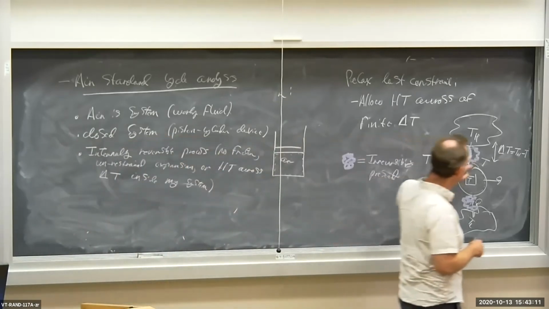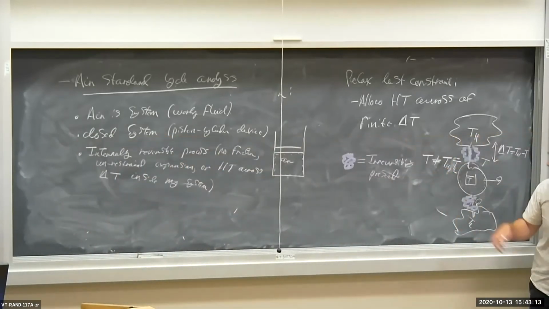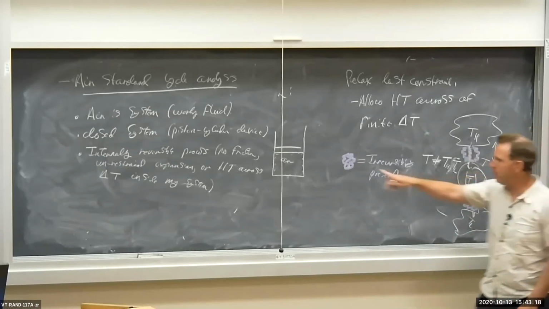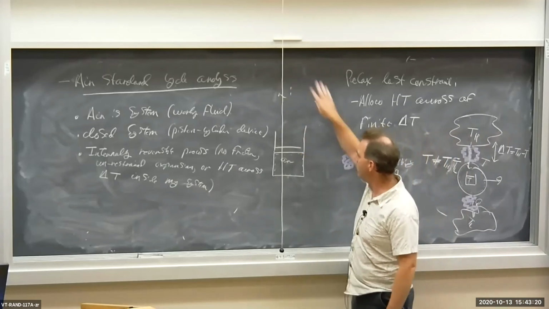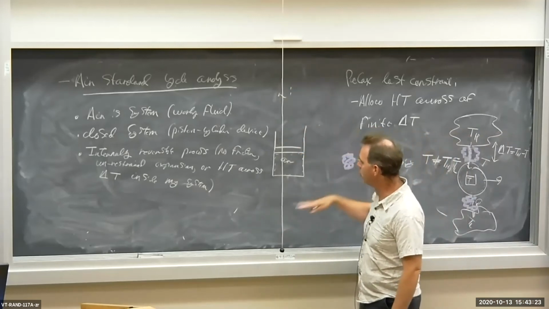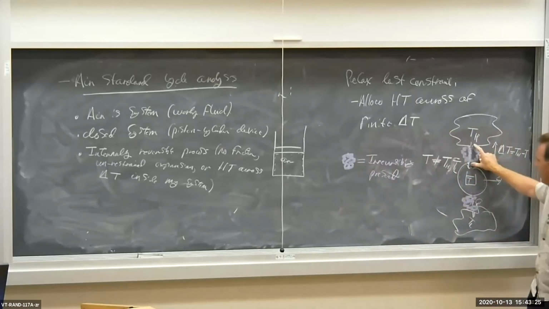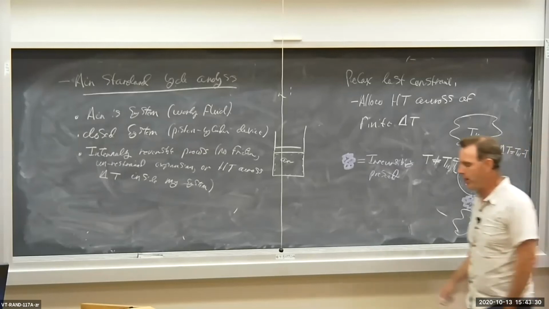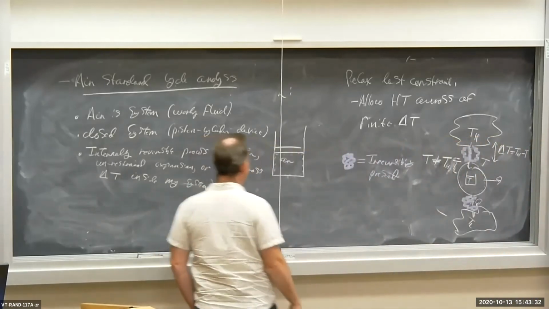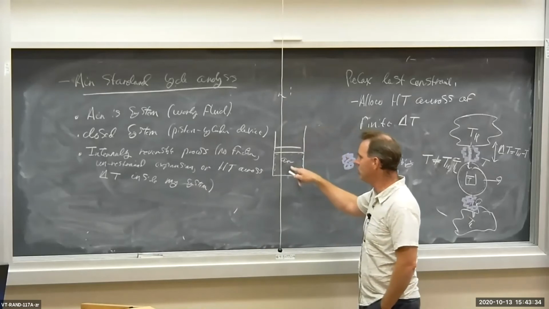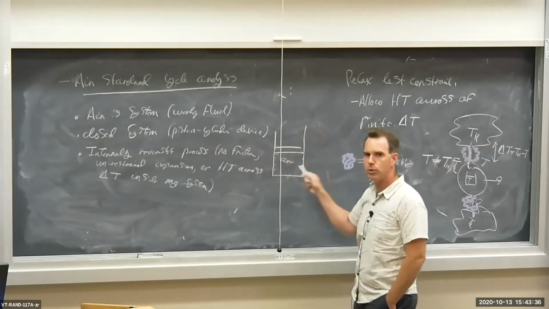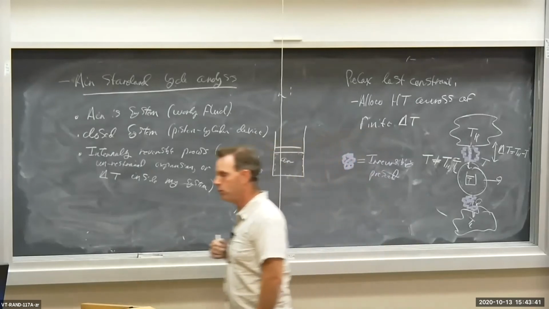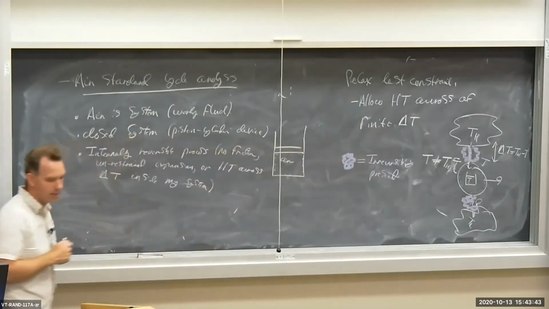We can have heat transfer across a temperature difference outside the system. In other words, between the piston cylinder device and wherever it receives or rejects heat from or to. We can definitely have a delta T between the reservoirs and the system temperature when we have heat transfer, but there can't be any temperature variations inside the system resulting in any heat transfer, okay? Temperature is always uniform, spatially uniform inside of my system.